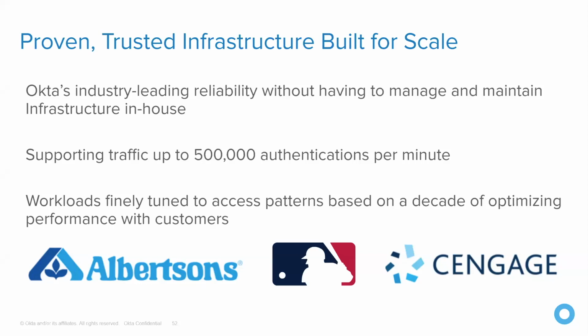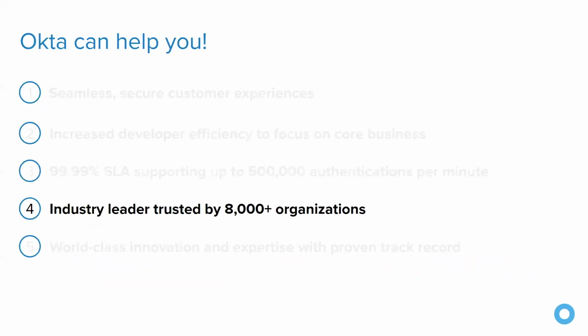So we've learned a lot, and thanks to that, we've been able to optimize our infrastructure. This is already used not only by MLB, but also by other customers like Albertsons or Cengage. Cengage, for instance, is an online learning platform that sees up to 250,000 logins per minute on Sunday evenings when students access the platform to do their homework.